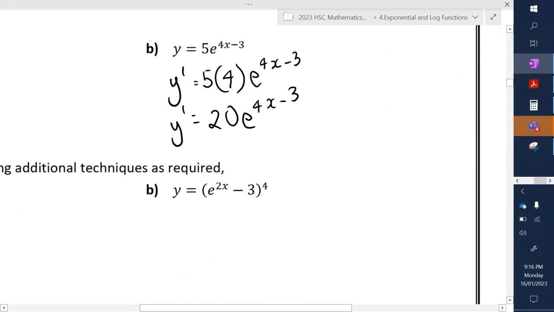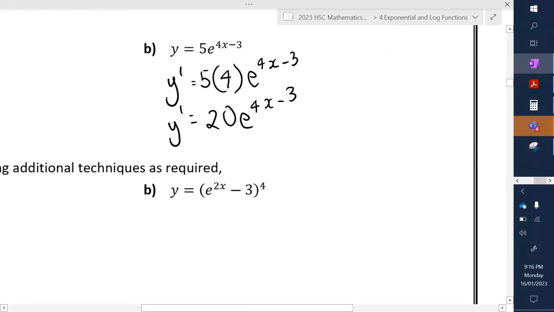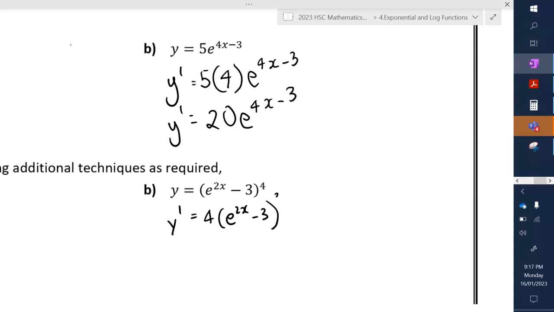This one's a little bit harder. We need to remember what happens when we have something of this form. So we have a function that has a power above it. So what we're going to do is to get our y dash, our 4 comes down the front. Our e to the 2x minus 3 stays there. The 4, we take 1 off to become a 3, and we then have to multiply by the derivative of what's inside that bracket as well.